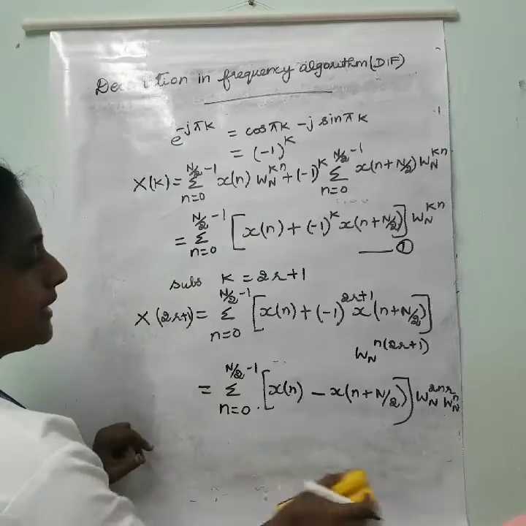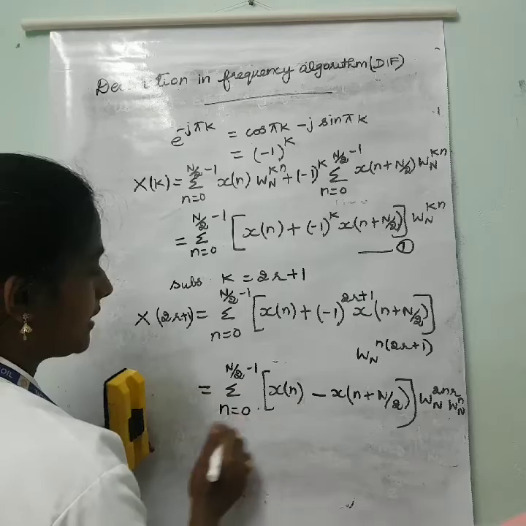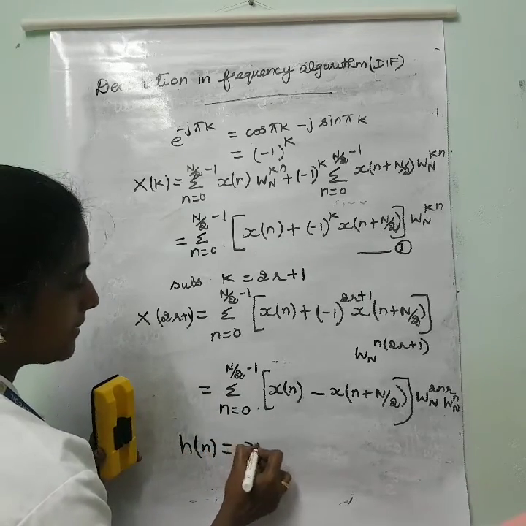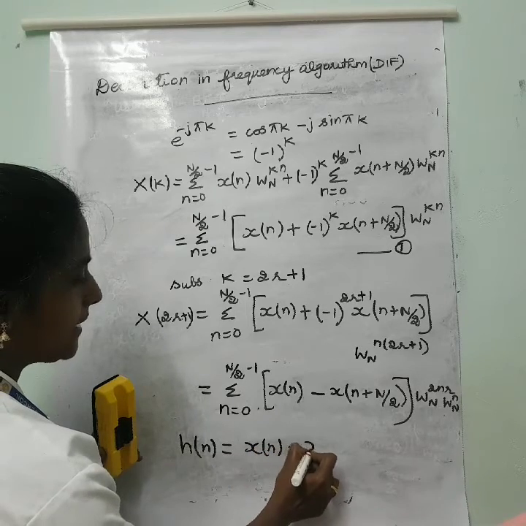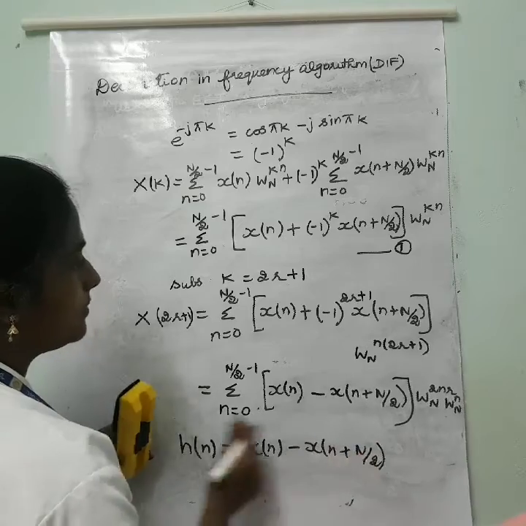Now you can take this term as h of n. So h of n is equal to x of n minus x of n plus n divided by 2.